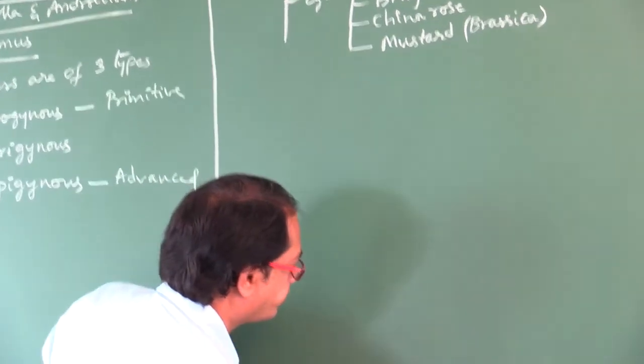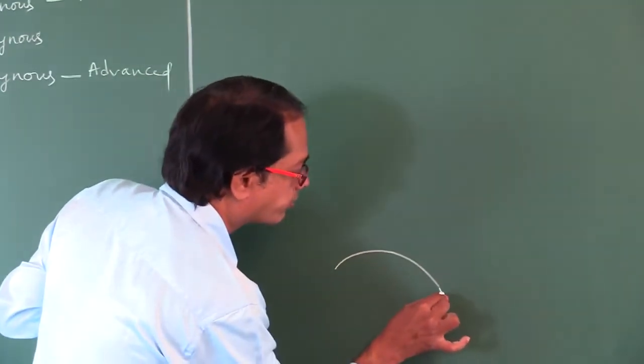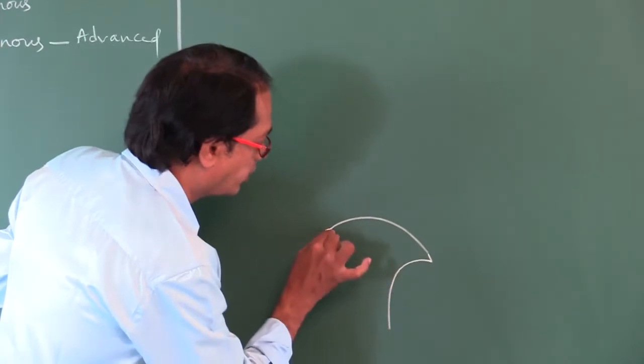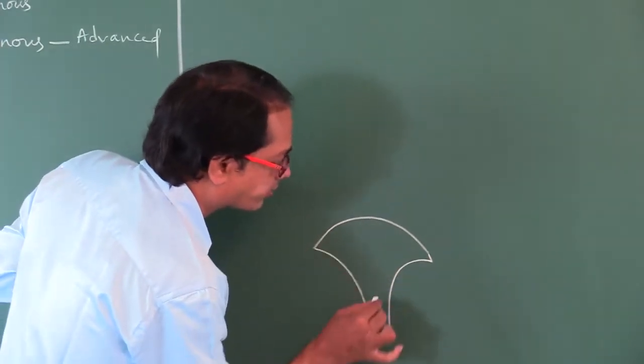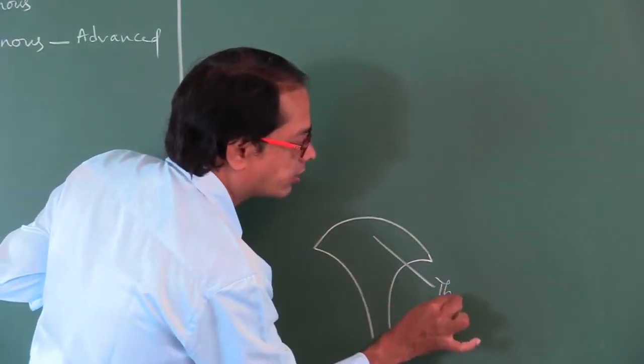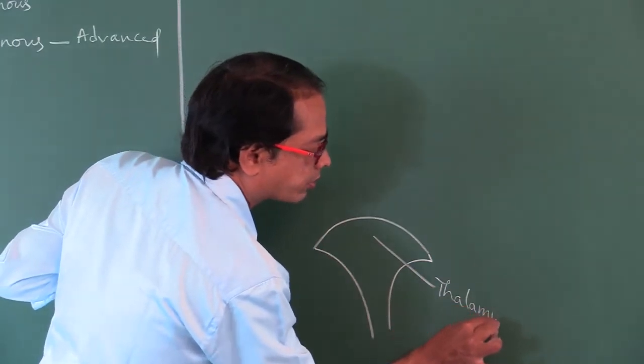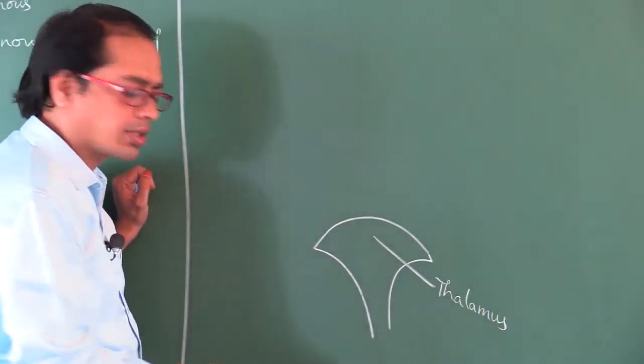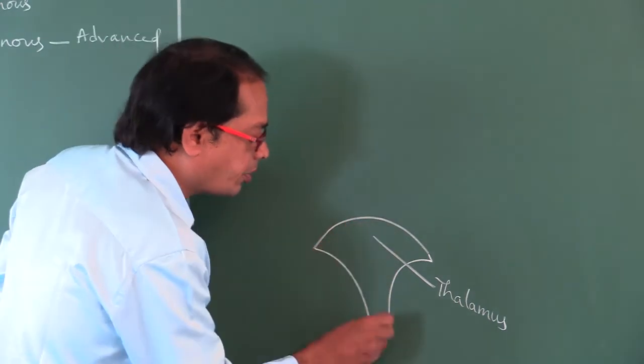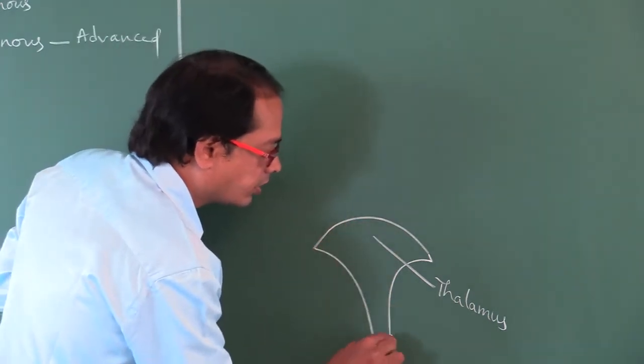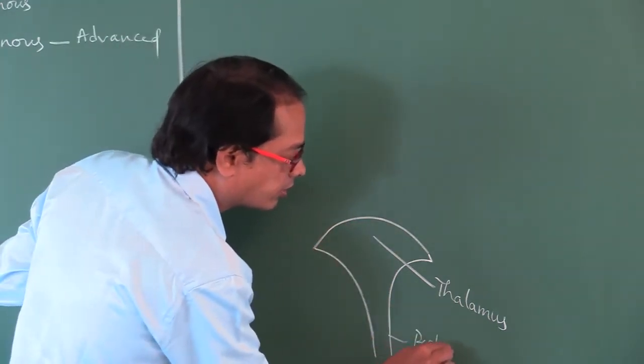This is the thalamus. What is thalamus? This is the pedicel.